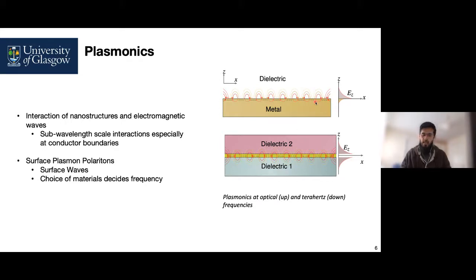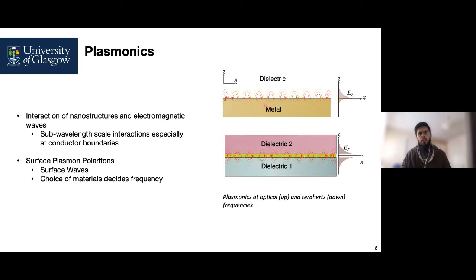Now, surface plasmons, in short, also exist in other interfaces as well. Primarily for optical frequencies, we use interfaces such as a metal and a dielectric.